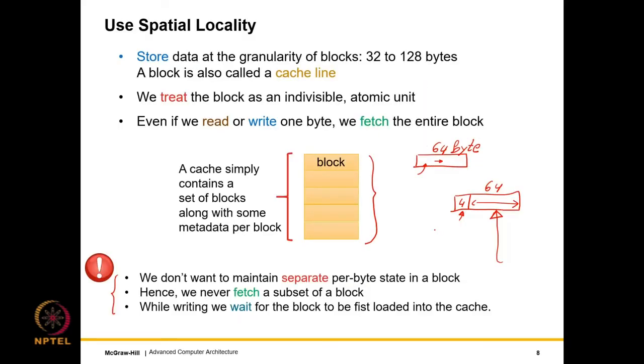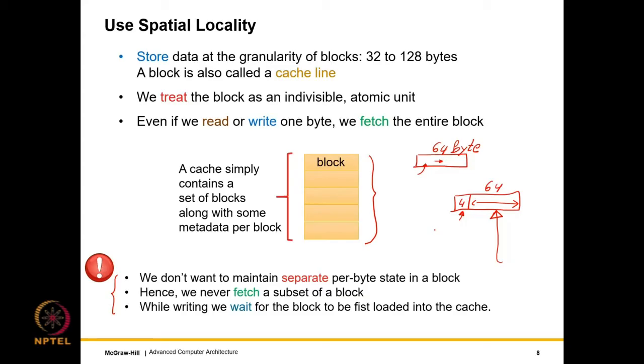This is kind of a trick question and many students often miss it, because they say that, look, if I need to write to the 8th, 9th, 10th and 11th byte, what is the need for fetching the rest of the bytes? Well, if you don't fetch, you'll somehow have to remember the fact that only the 8th to 11th bytes are new, they have been written, and the rest of the bytes are junk.